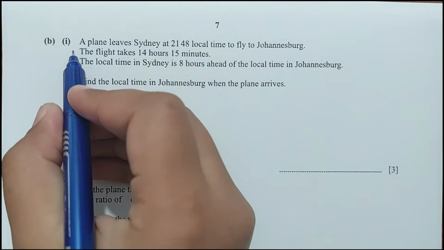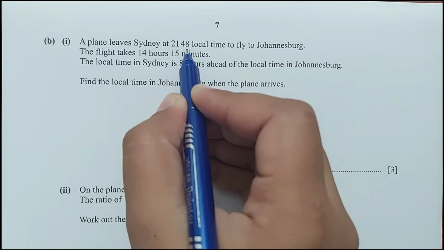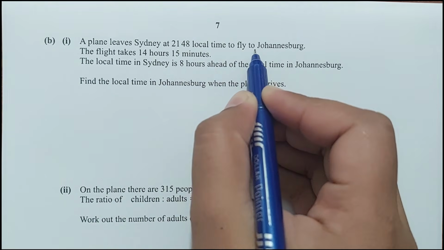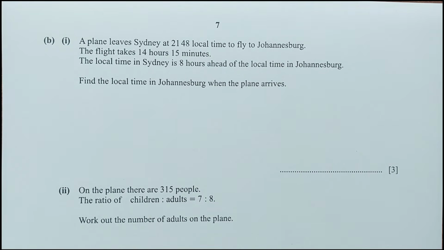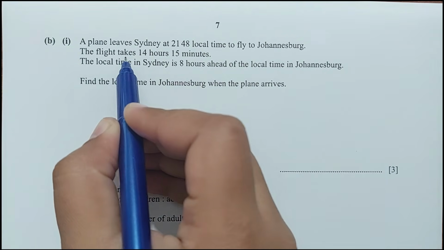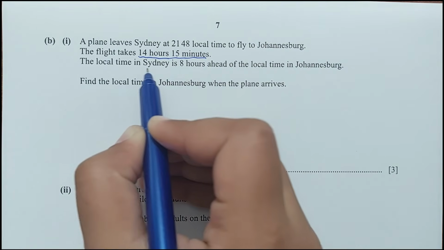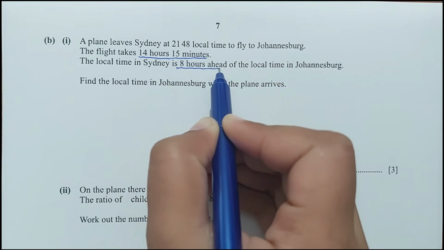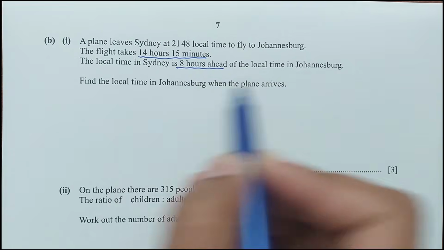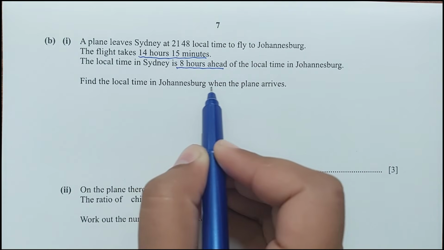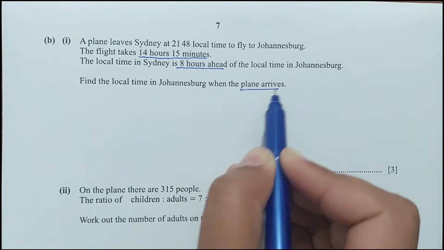Now for part B, number 1, a plane leaves Sydney at 21:48 local time to fly to Johannesburg. The flight takes 14 hours and 15 minutes. The local time in Sydney is 8 hours ahead of the local time in Johannesburg. Find the local time in Johannesburg when the plane arrives.